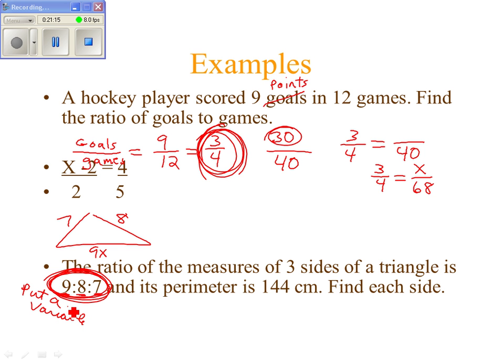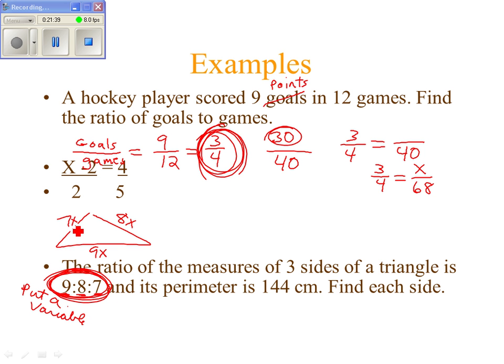So how long is this side going to be? 8x. How long is this side going to be? 7x. Now, set up my equation. I do 7x plus 8x plus 9x equals 180, right? Please make sure.